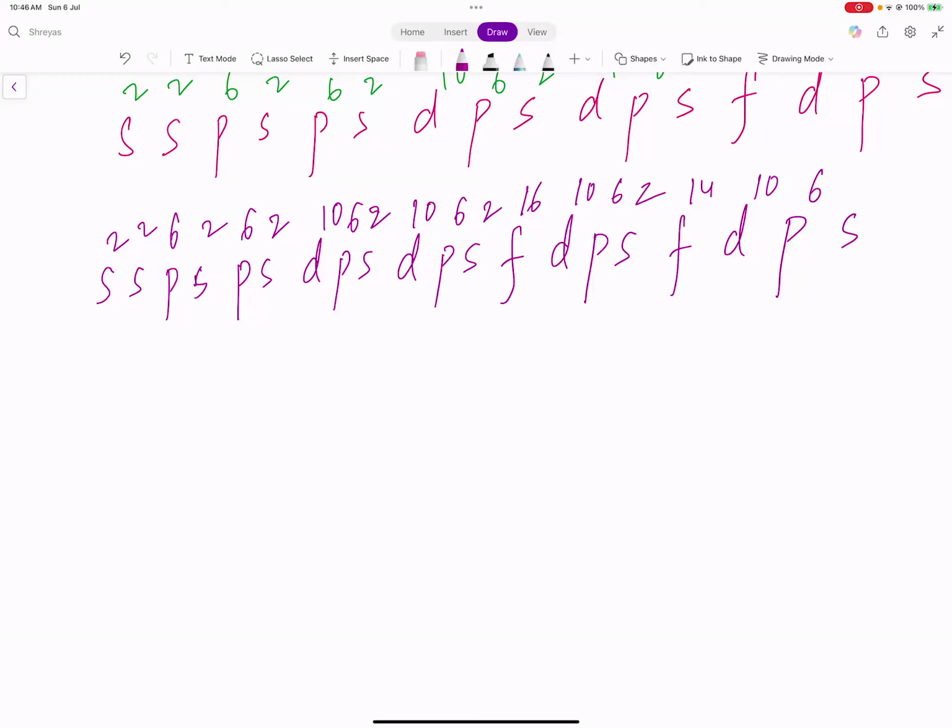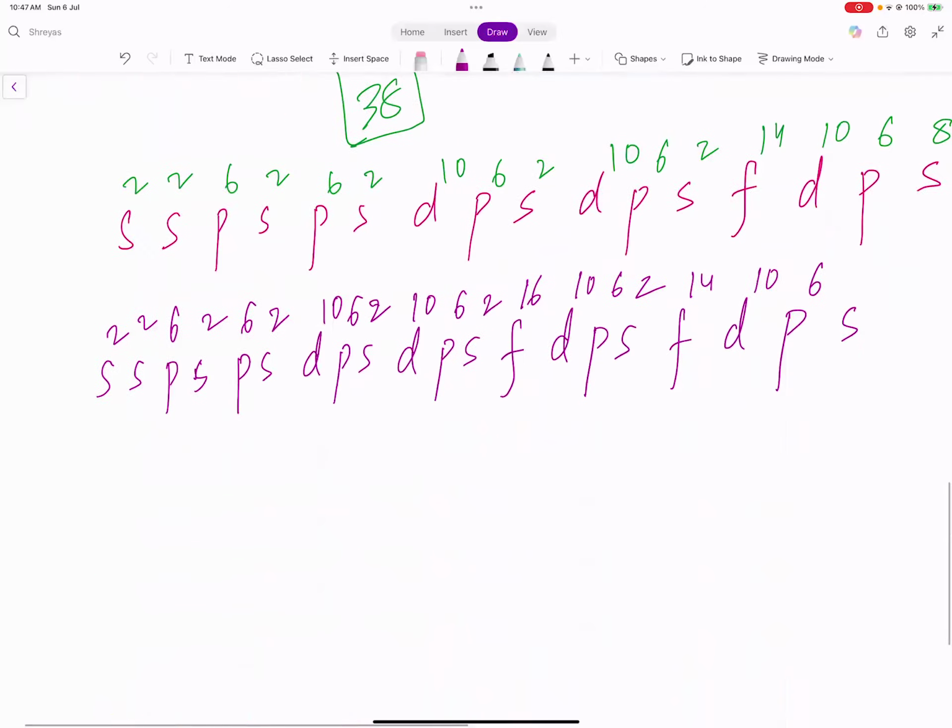An orbital is simply a region where the probability of finding that electron is maximum. So now we are going to come to certain rules.